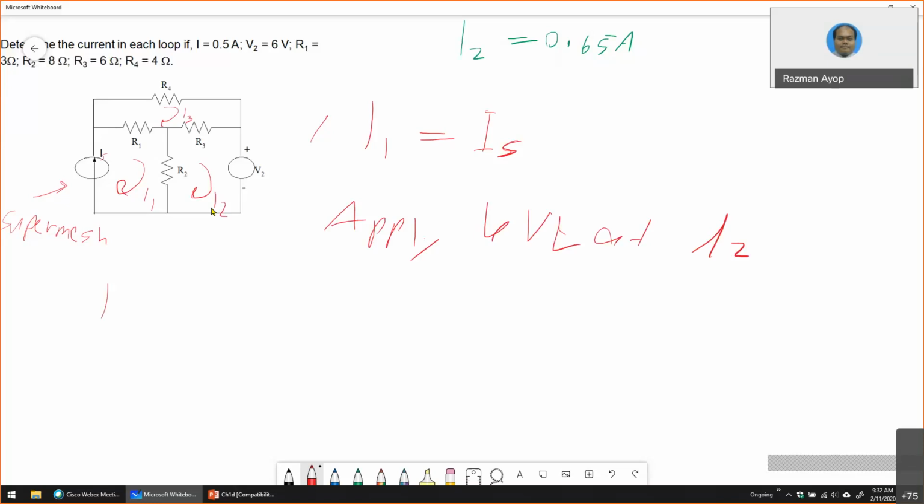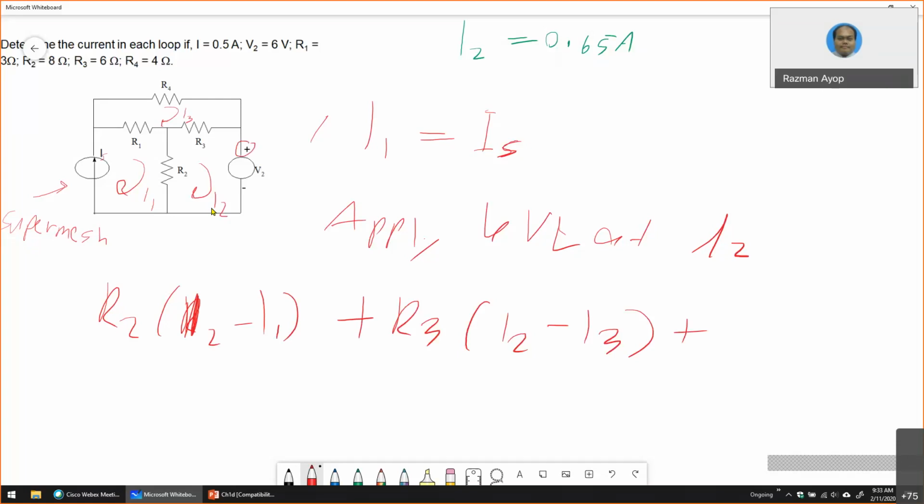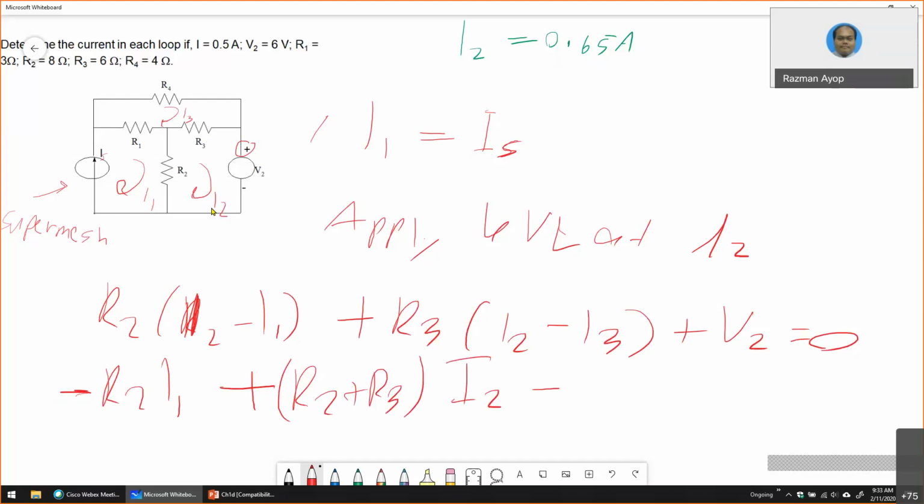As usual, R2 (I2 minus I1) plus R3 (I2 minus I3) plus V2 equals to 0, plus because the I2 meets plus. So R2 I1 negative (R1 minus R2 plus R3) I2, plus minus R3 I3 equals to negative V2.